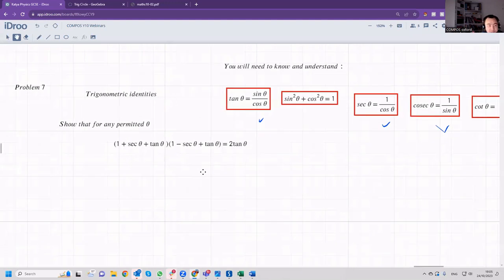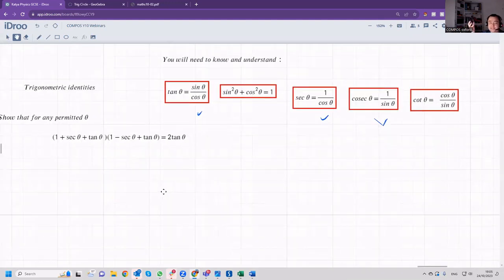Sec is hypotenuse over adjacent. Cosec is hypotenuse over opposite, and cotangent is adjacent over opposite, if you like.